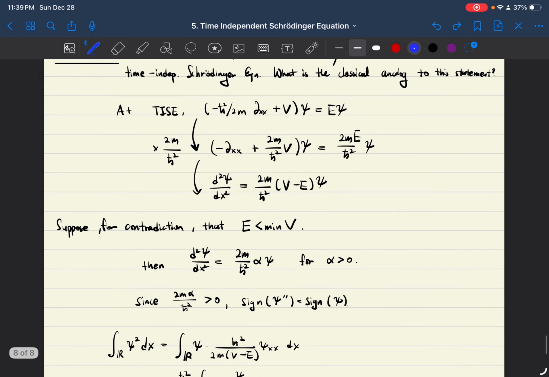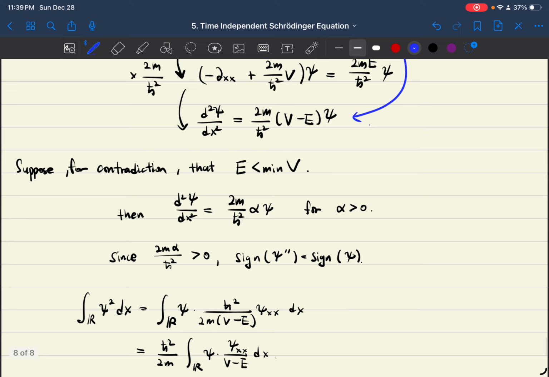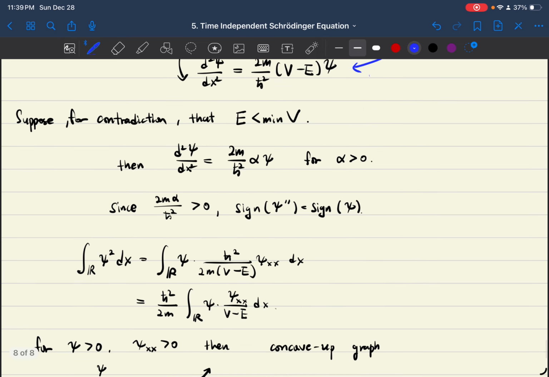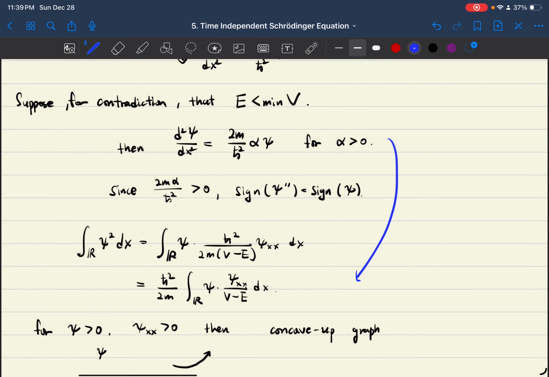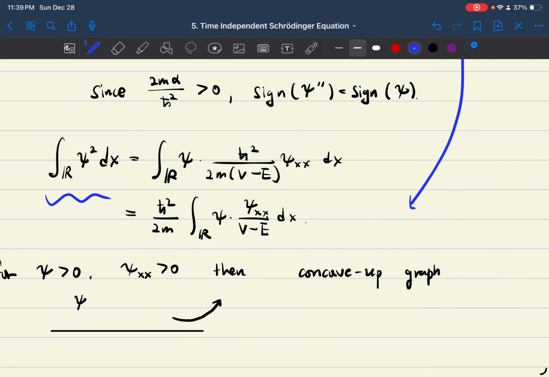As you can see in the time-independent Schrödinger equation, we can rearrange this equation like this. Suppose, for contradiction, using proof by contradiction, that E is smaller than the minimum value of V. Then we get this. The calculation goes on, and we get this form.